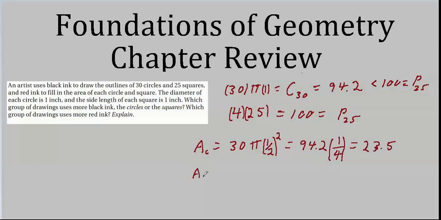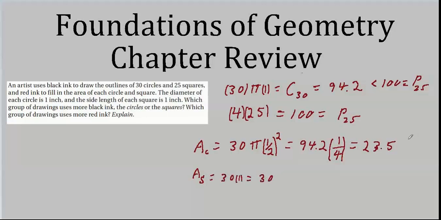Now the area of the squares is what? Well, I had it once before. That was 30 times 1 times 1 equals 30.